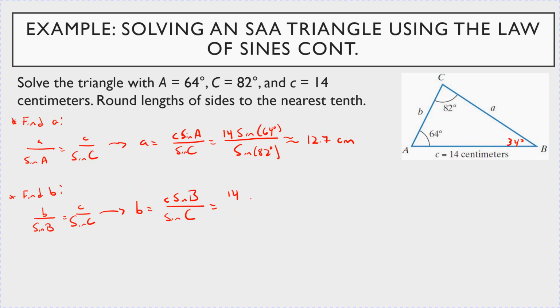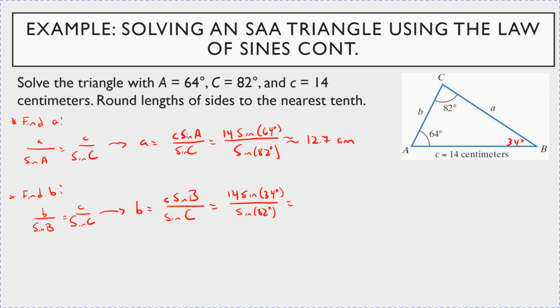Sine of B, okay, so that again, sine of B here is sine of 34 degrees, sorry about that. And C here is sine of 82 degrees.